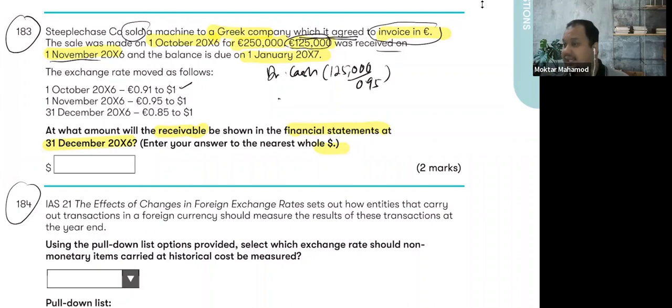So this is the amount of cash received by the company. So 125 divided by 0.95, 131,579, check.